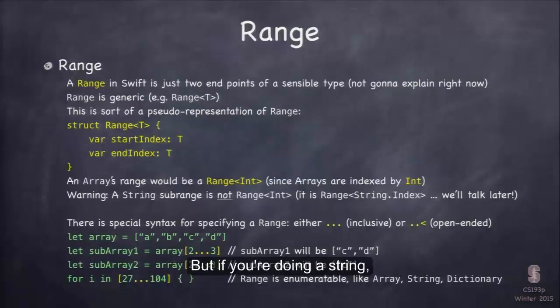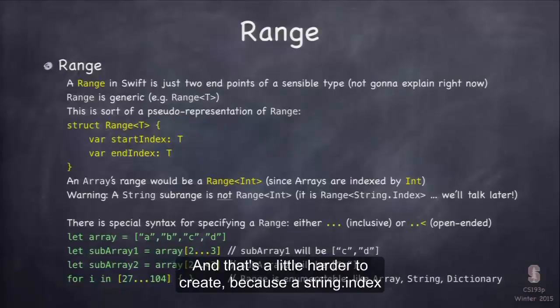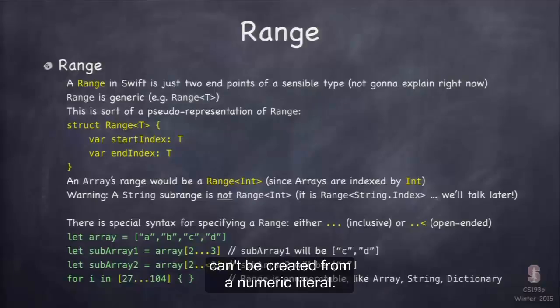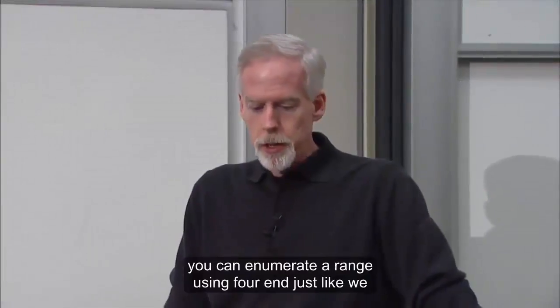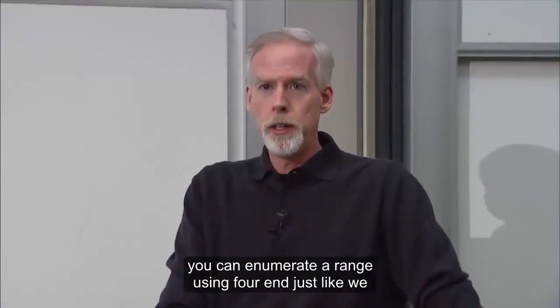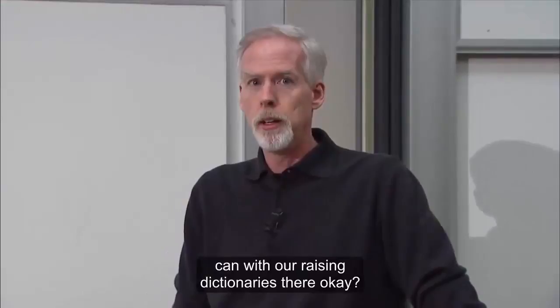But if you're doing a string, they have to be string.indexes. That's a little harder to create because a string.index can't be created from a numeric literal. You have to create it programmatically. We'll talk about that in about 10 slides or so. And you can enumerate a range using for in, just like we can with arrays and dictionaries.